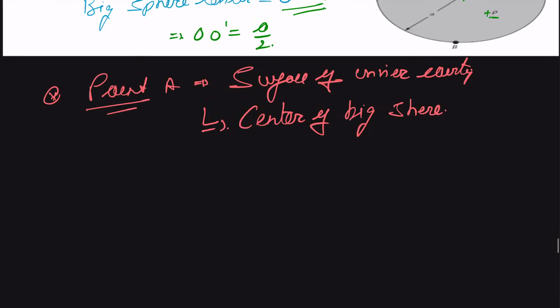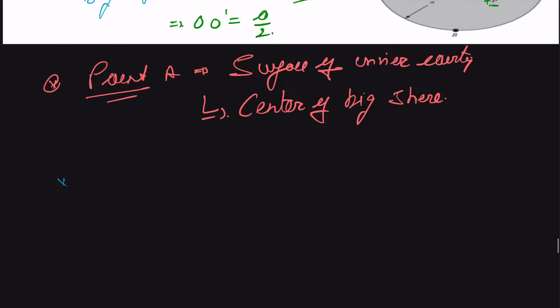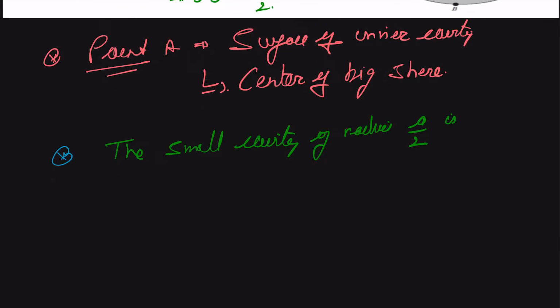And for that we consider that the small cavity of radius A by 2 is having charge density minus rho.